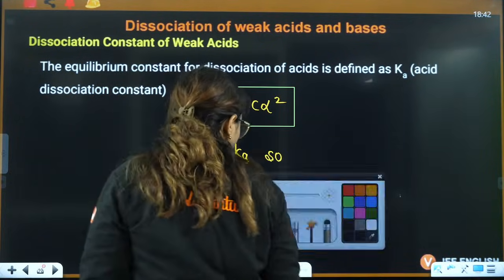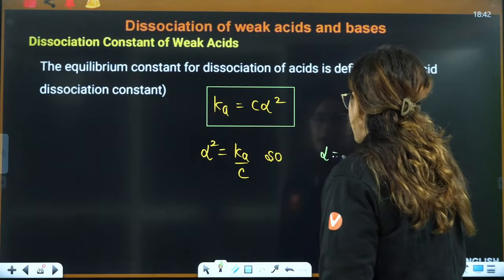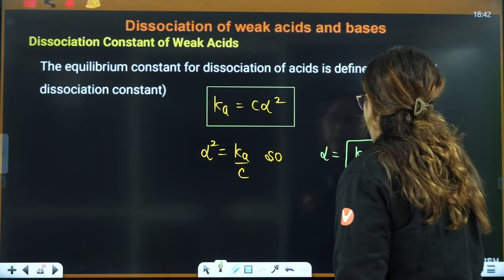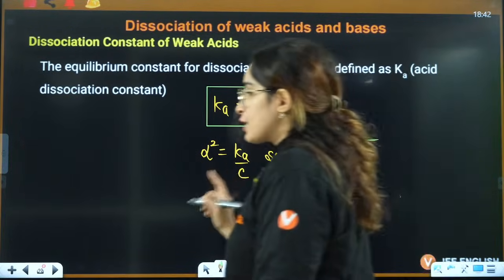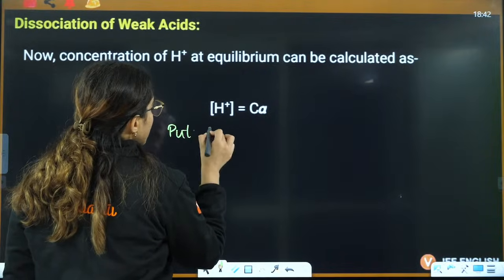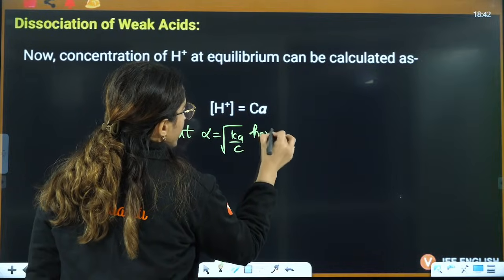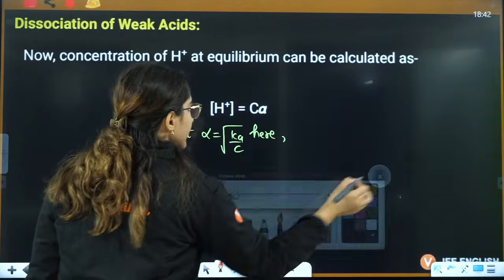So we can say that alpha equals under root of Ka by C. Now put alpha is equals to under root Ka by C here. What will you get?